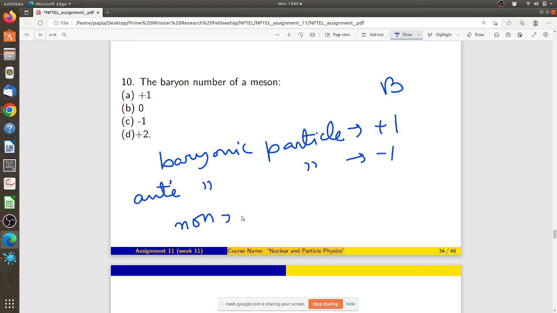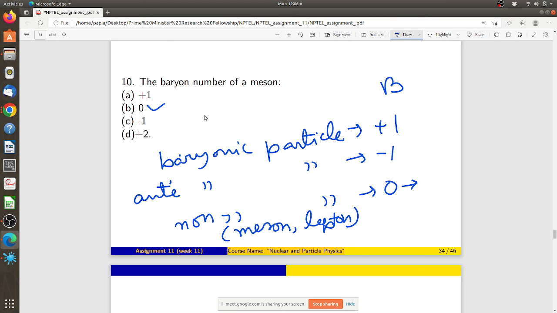A non-baryonic particle has 0. Non-baryonic means particles which are not baryons. A meson is not a baryon, a lepton is not a baryon. So these non-baryonic particles have baryon number 0. So the answer will be 0.